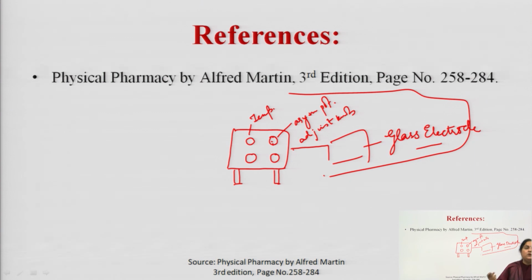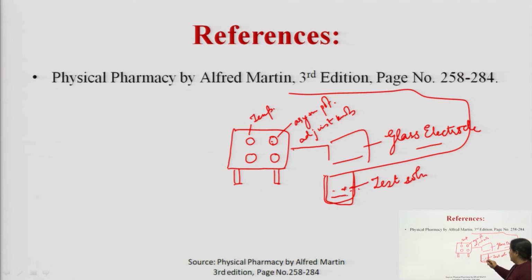So, if you want to determine the pH of a particular solution, what you can do is immerse this glass electrode in that particular solution. So, we take a test solution, right.